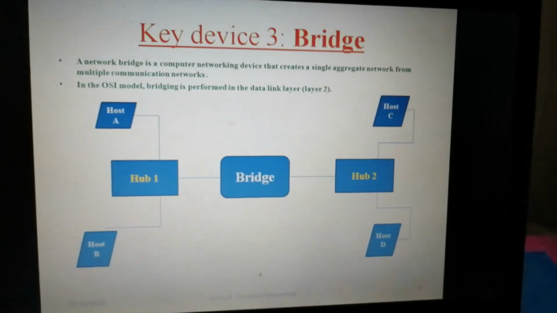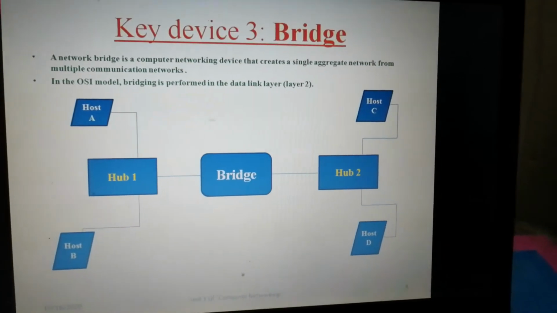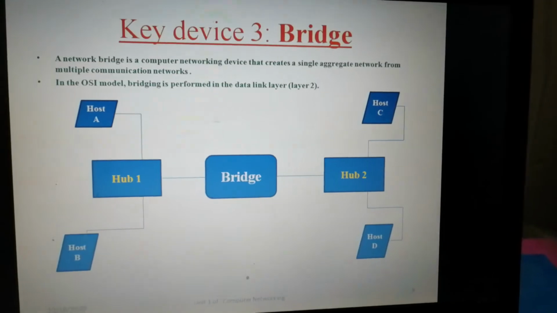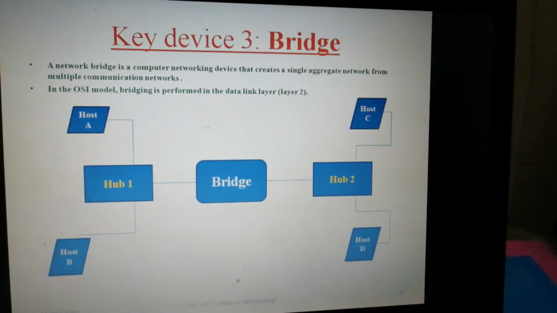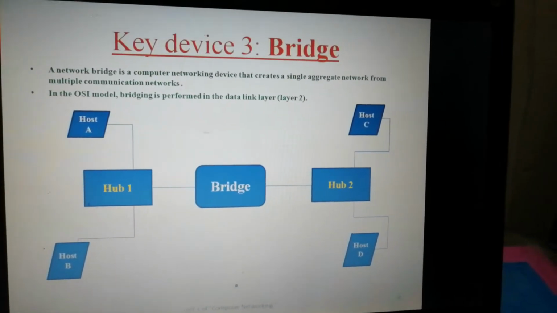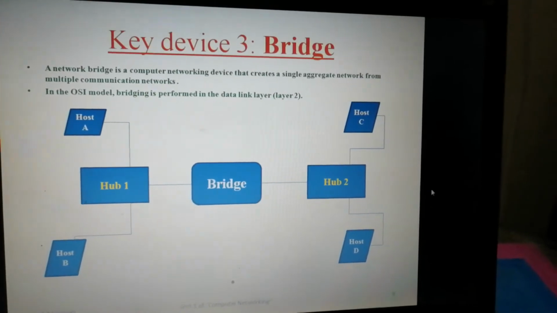Fine. Next, we will go to key device number 3, that is a bridge. So what is a bridge? A network bridge is a computer networking device that creates a single aggregate network from multiple communication networks. So you can see here 2 types of networks are present.